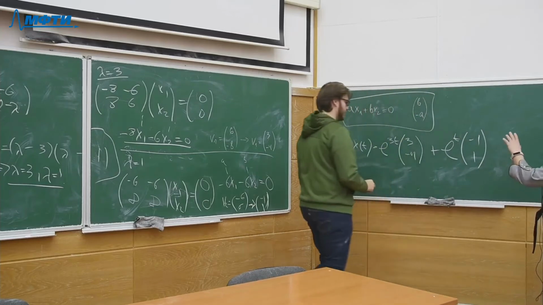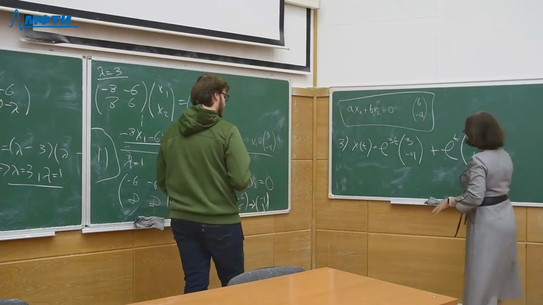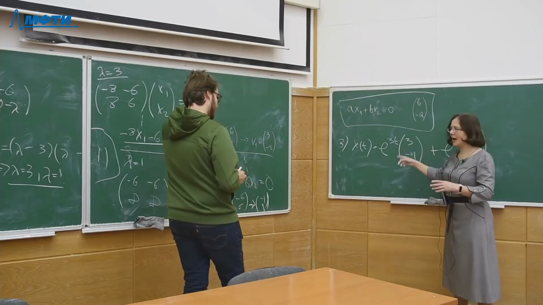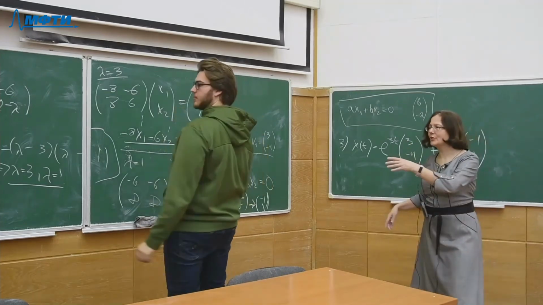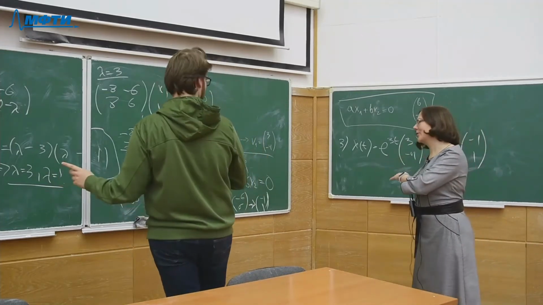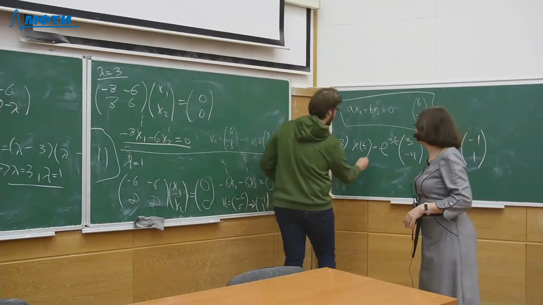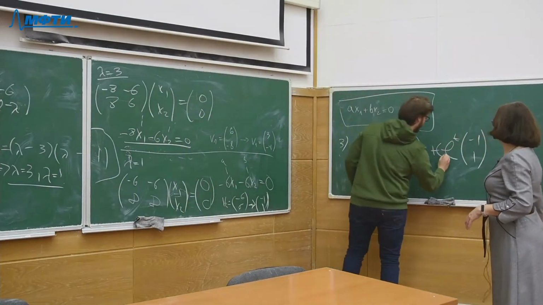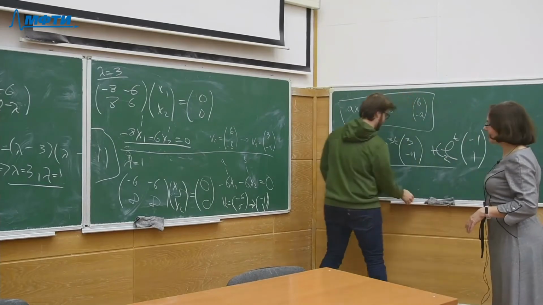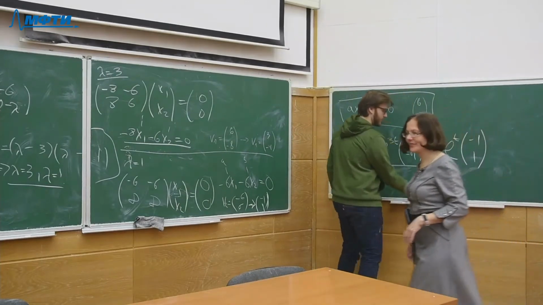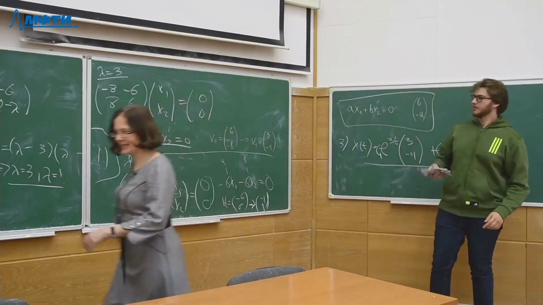You need to take the linear combination with arbitrary constants, not the sum, so the formula must include C1 and C2. Right, now it is correct. Linear combination. Thank you. Sit down, please.